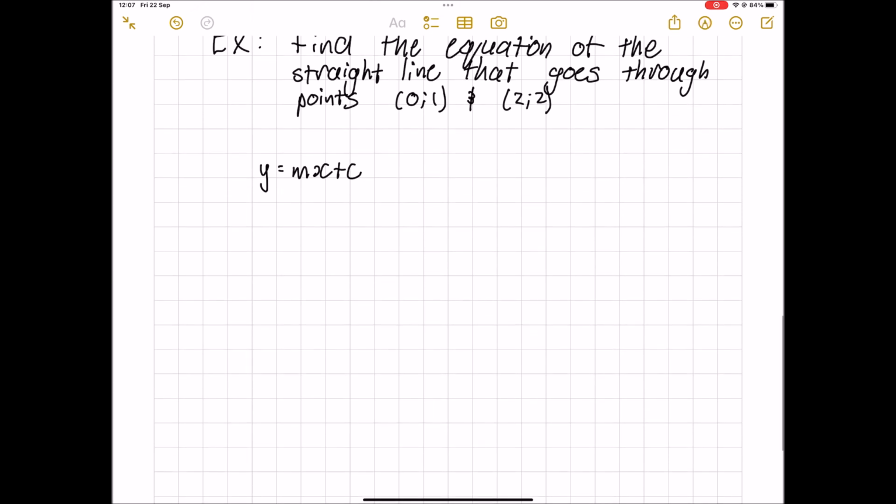And what I would do after writing it down is I would plot the 2 points to get a more visual way of seeing it. So the first point, I'll just call this point 1 and point 2. So the first one is where x is 0 and y is 1.